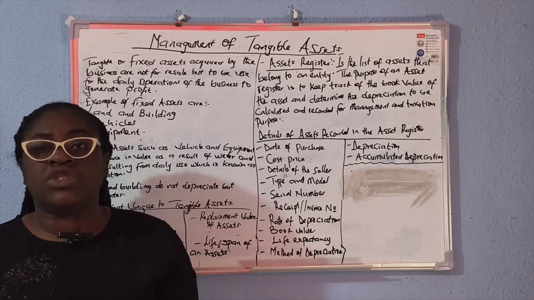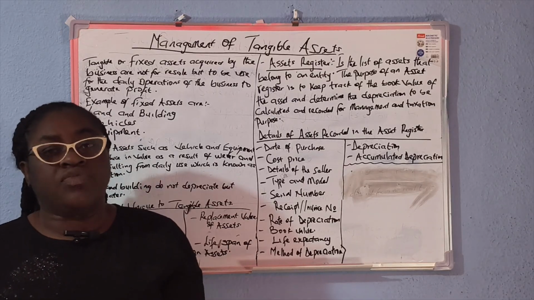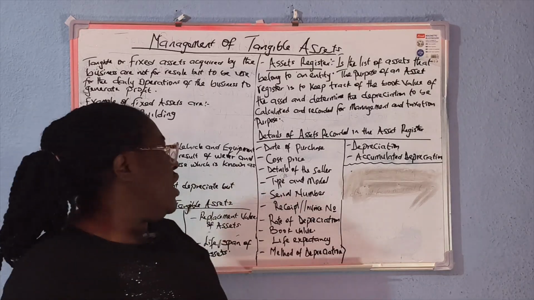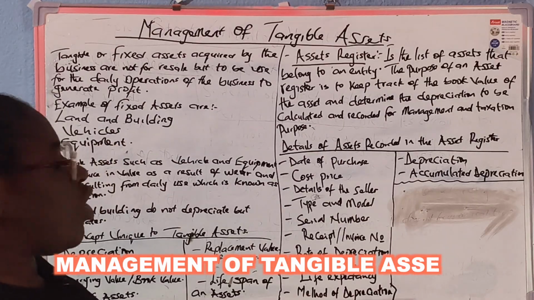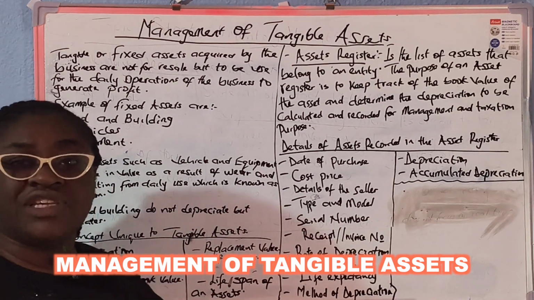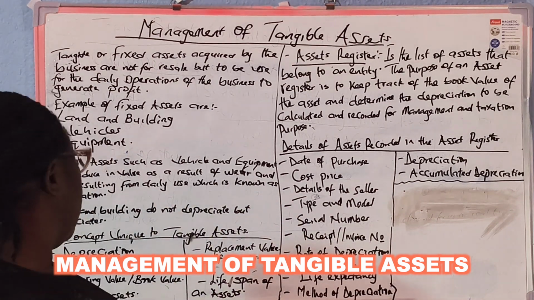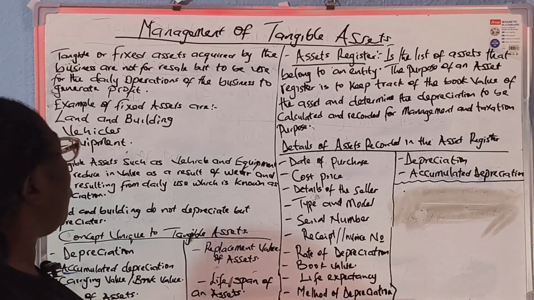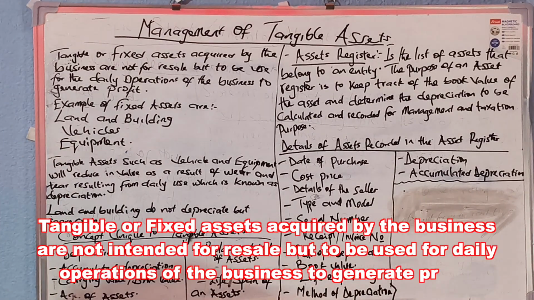Today we are going into the second topic of paper 2, and that topic is management of tangible assets. Now, what is a tangible asset? Tangible assets are also known as fixed assets.